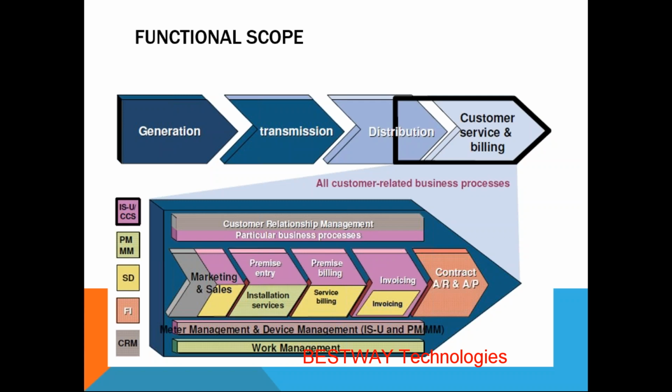Now, going one step back, we were discussing your device, your transformer, your substations, everything. If you are implementing SAP IS Utilities for a regulated market, wherein distribution and retail are taken care of by the same company, then all your equipment is your material, anything being used in electricity.